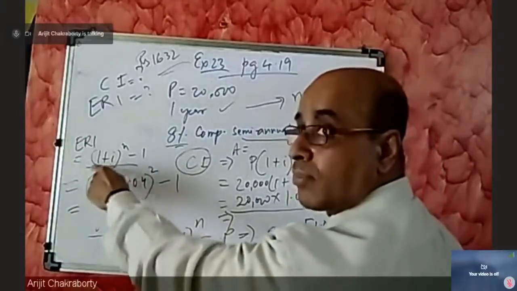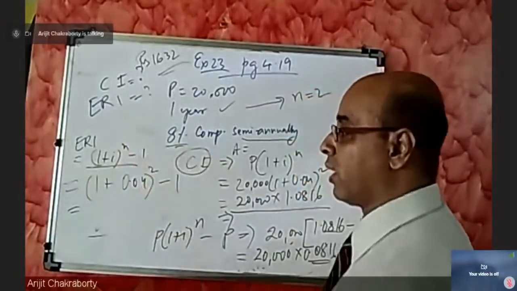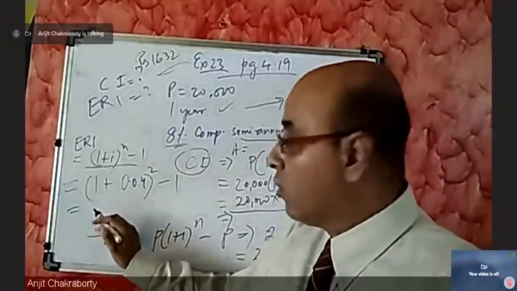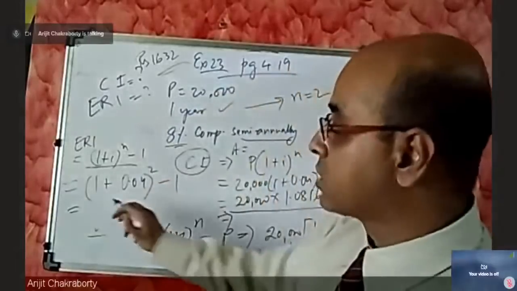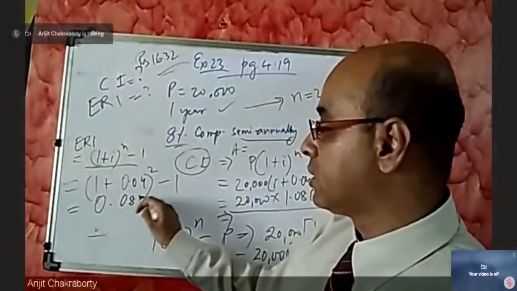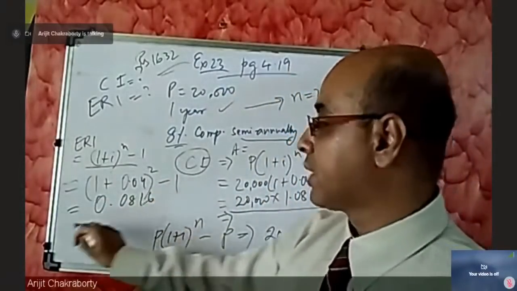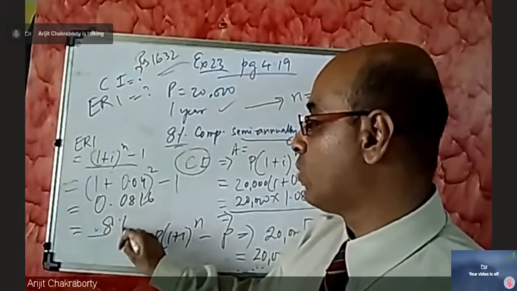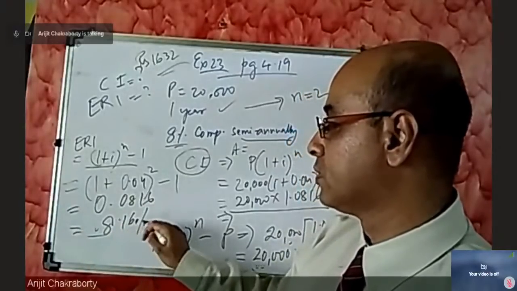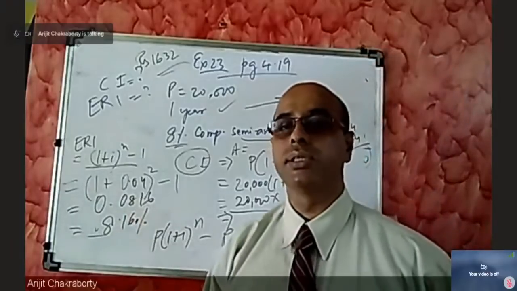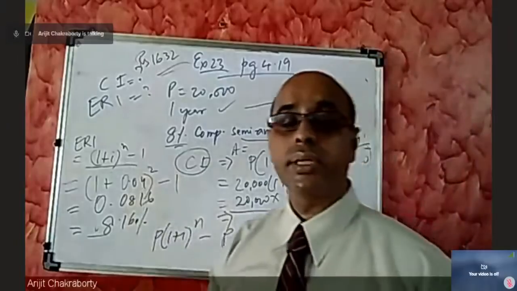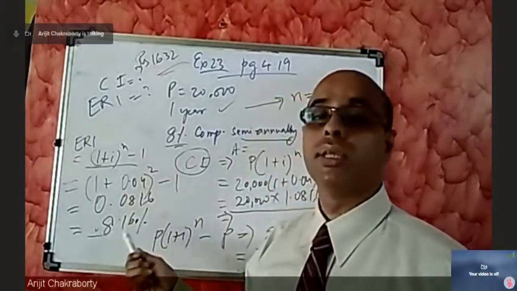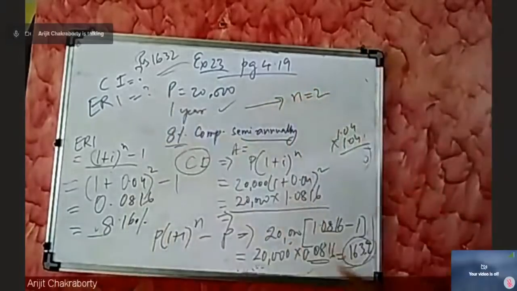Because the formula is 1 plus I to the power n minus 1. So this eventually works out to 0.0816, which is equivalent to 8.16%. So the effective rate of interest is 8.16%, and we have seen the compound interest comes to 1632 rupees.